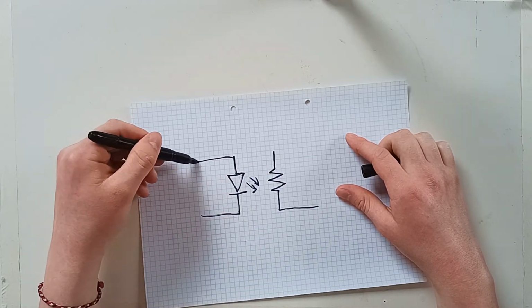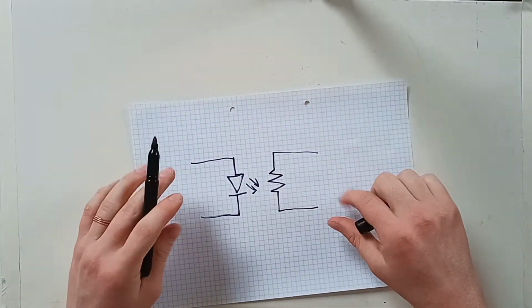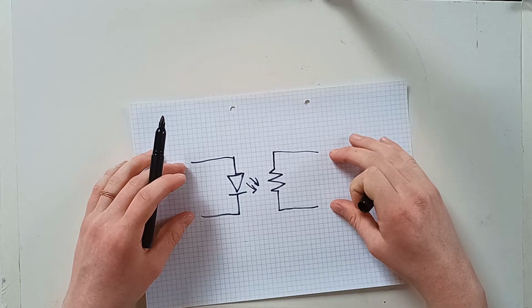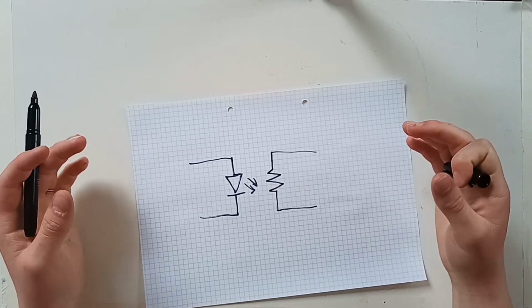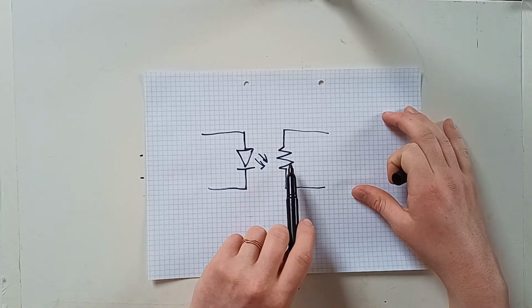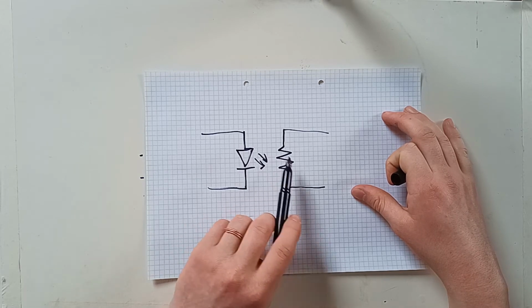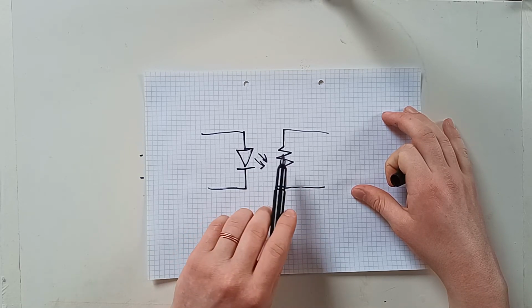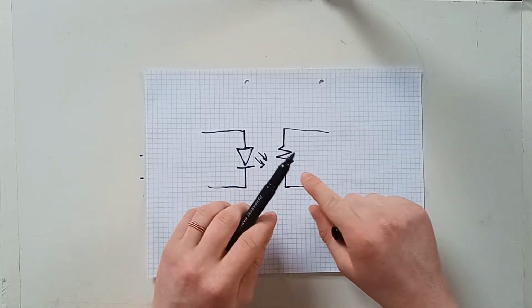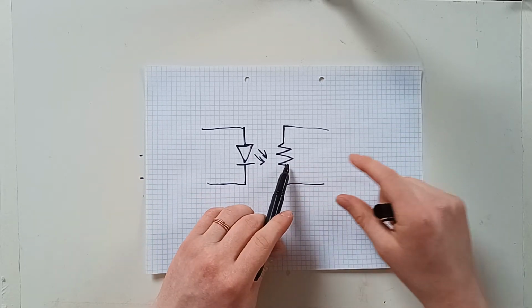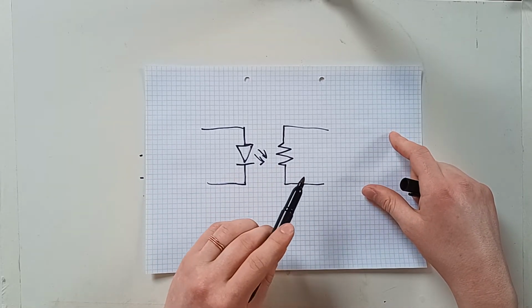So these two circuits would then be completely isolated from each other, electronically anyways, but because you have this connection between the LED and the LDR, you can control different values in this separate circuit.